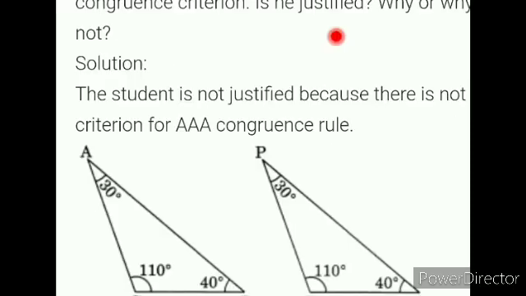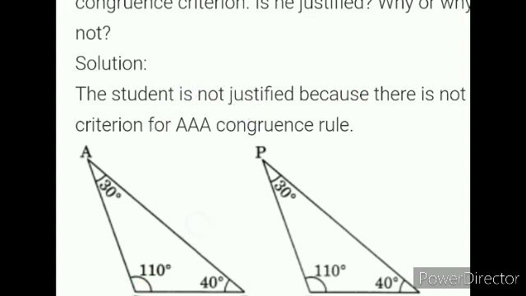Why or why not? The solution is that the student is not justified because there is no criterion for AAA congruence rule. We have only 4 criteria: SSS, SAS, ASA, RHS. The AAA criterion is not defined.